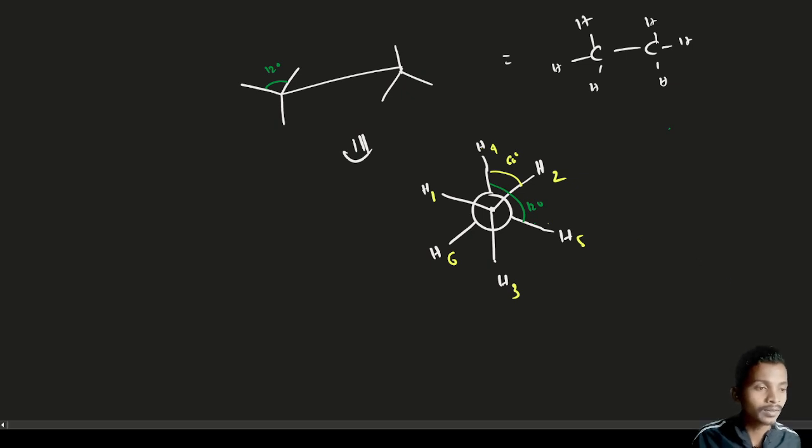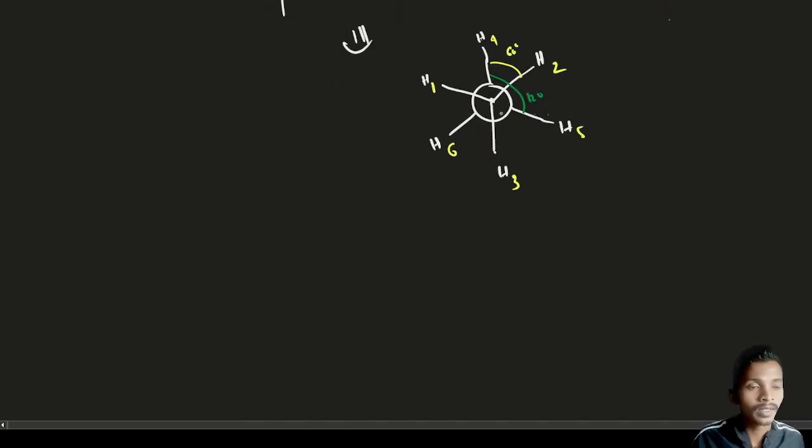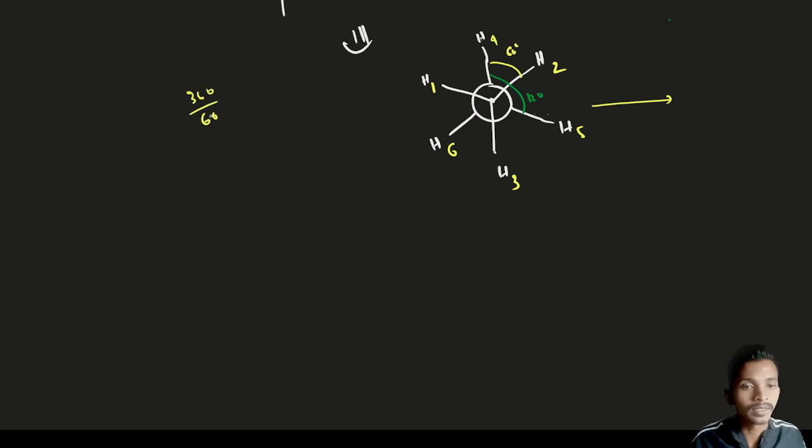Now this is 60 degrees, so S6, that is 360 upon 60. S6 means C6 followed by reflection.